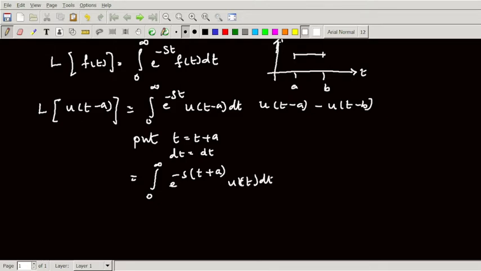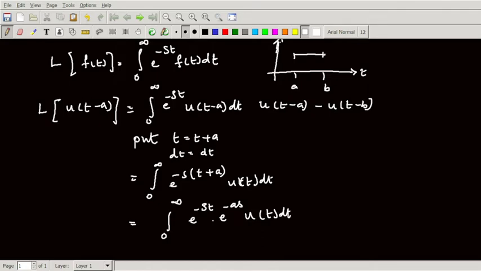So this is nothing but a function of t. Now we can write this as the integral from 0 to infinity of e power minus st into e power minus as into u of t dt.